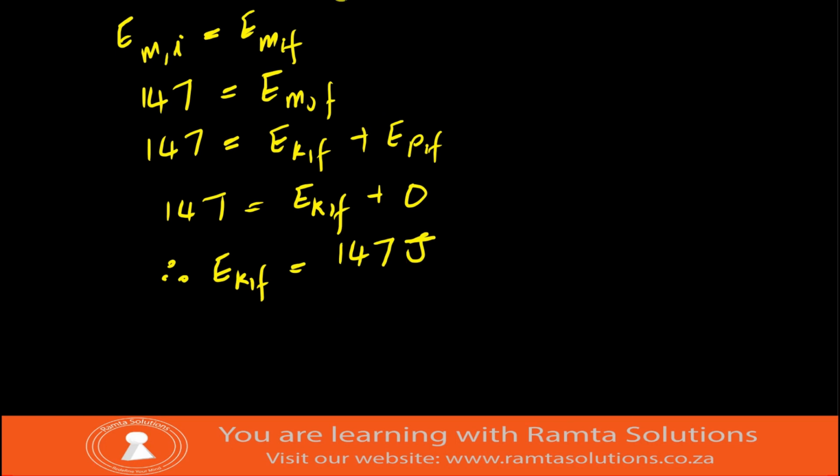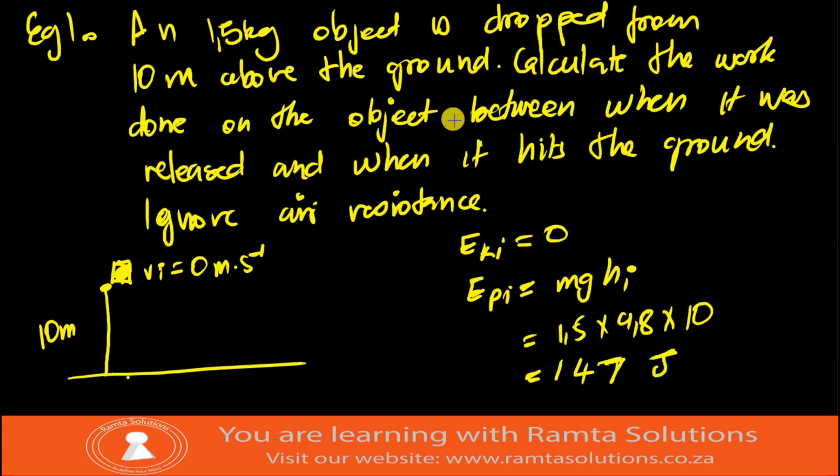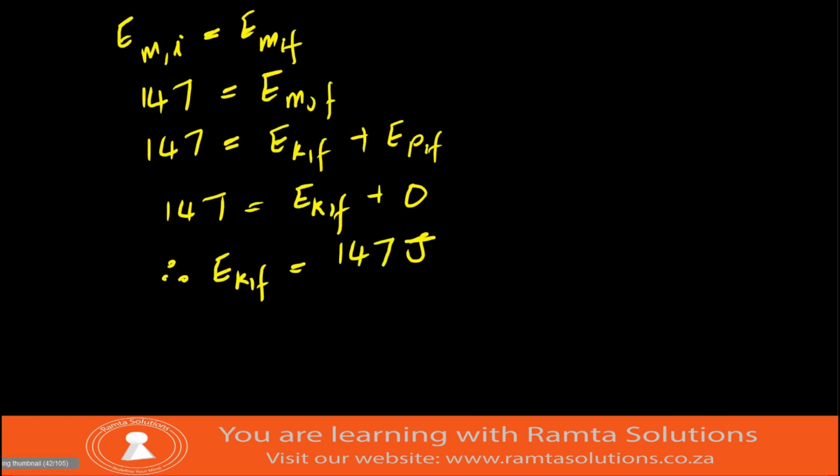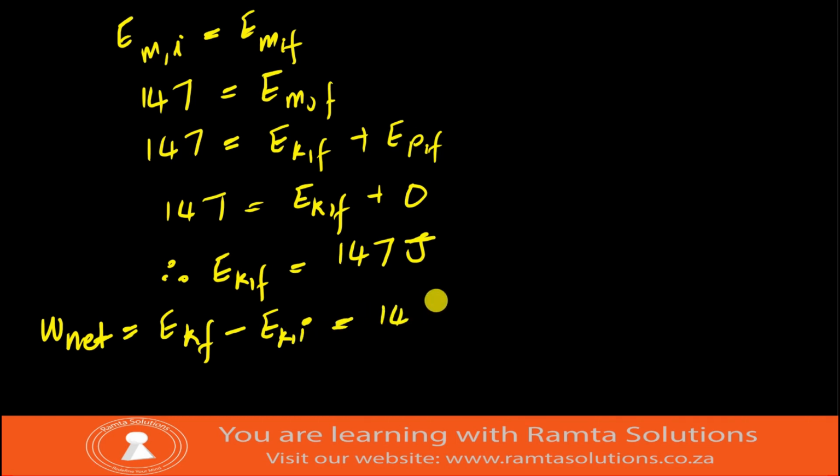Now remember what the question was saying: calculate the work done on the object between when it was released and when it hits the ground. So basically, this is the net work. Net work is equal to EK final minus EK initial, which is 147 minus 0.